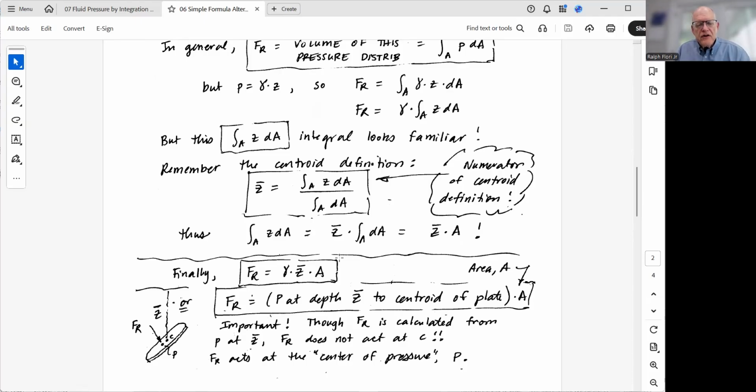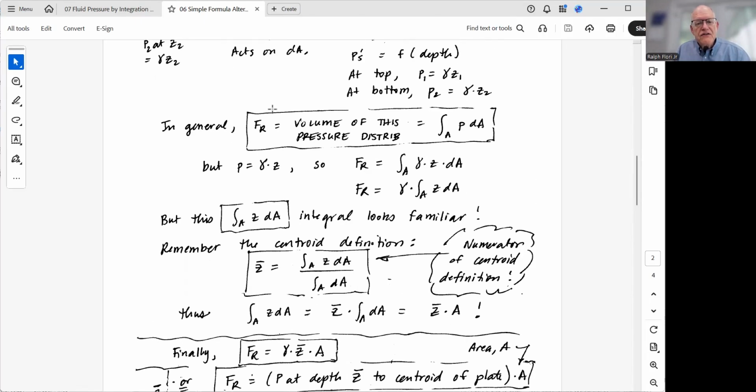It flows from our centroid definition, and it also flows from the principle that FR is the volume of the pressure distribution, which is the integral of pressure times dA, or the integral of gamma times Z times dA. Again, this is independent of the orientation of the plate. It's independent of how deep the plate is. As long as you take Z from the free surface down to an arbitrary area in the plate, it works. Pretty cool, pretty fascinating.